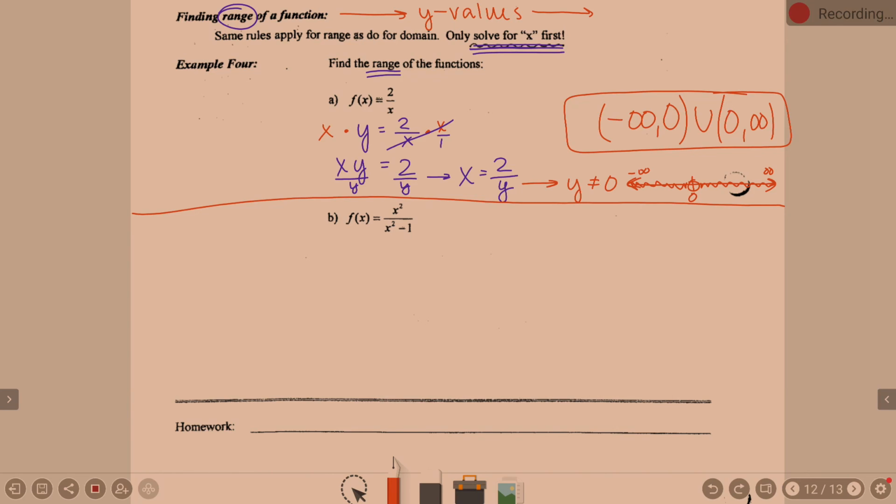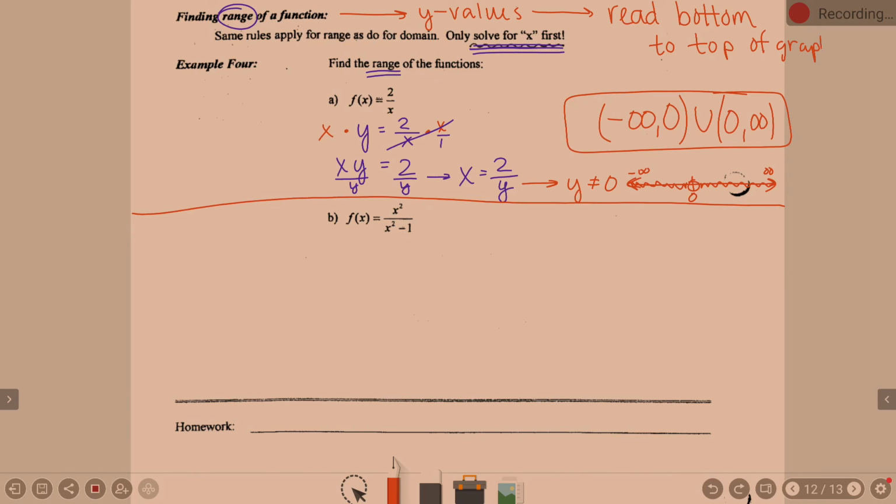It's up and down. So we're not going to read left to right, because we want to read y's, not x's. So we're going to read bottom to top. Negatives to positives, right? So I'm going to put up here that we're going to read bottom to top of the graph.